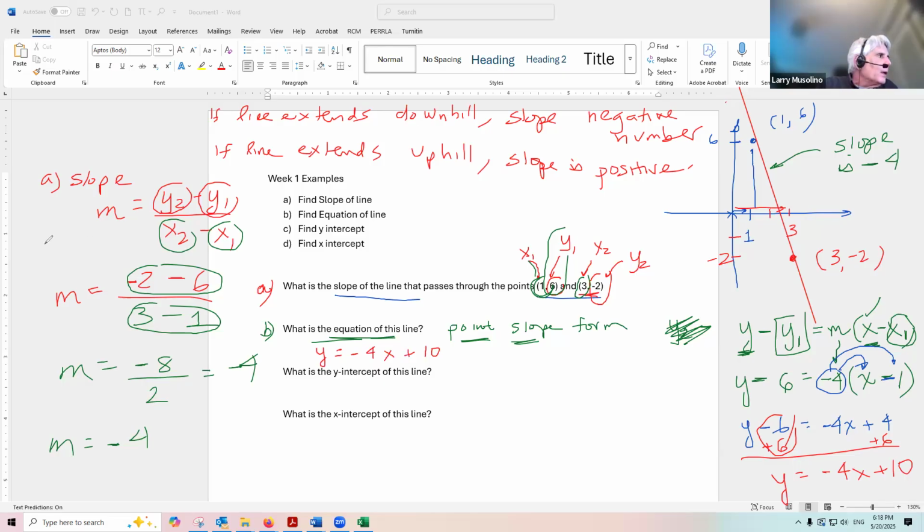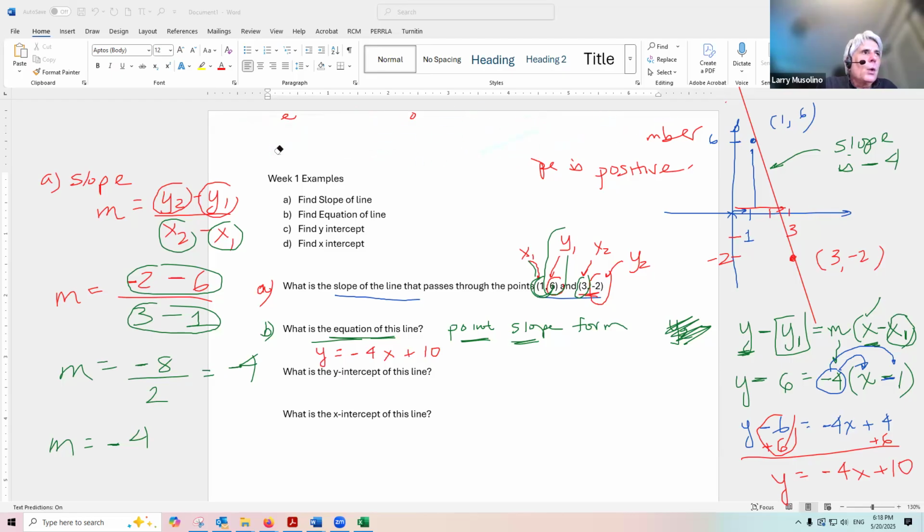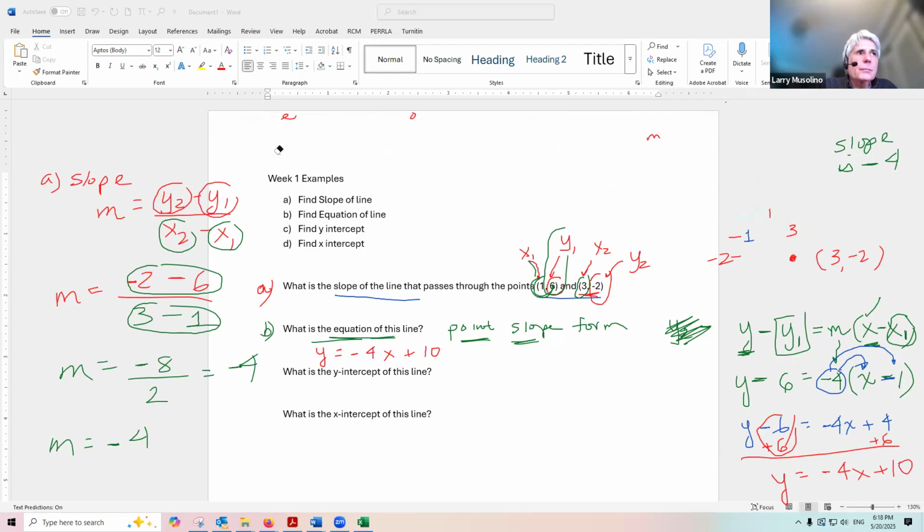Now, let me erase a little bit of this so I can make a few more comments here. When you write the equation in this format with y by itself, you can immediately know the slope and what's called the y-intercept. So here's our equation, y equals negative 4x plus 10.